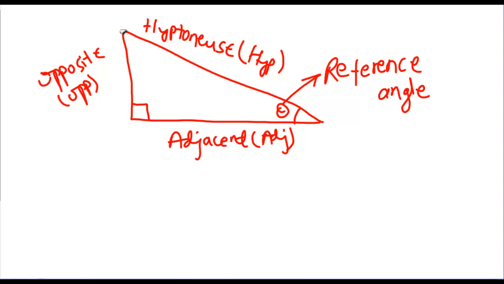So our first function, sine theta, would be equal to the opposite over the hypotenuse. Next one was the cosine.